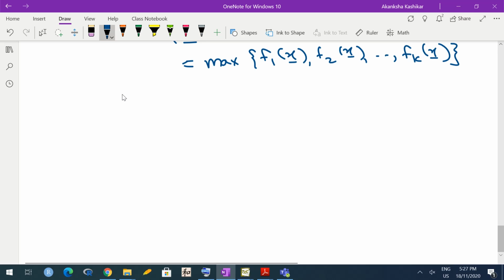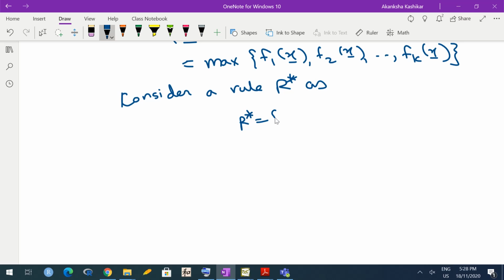And now consider a rule R star, which we are writing as R1 star, R2 star, up to Rk star. How do I define Ri star?